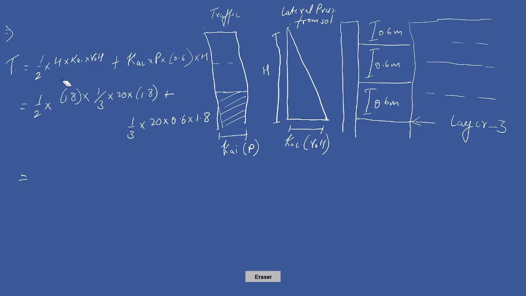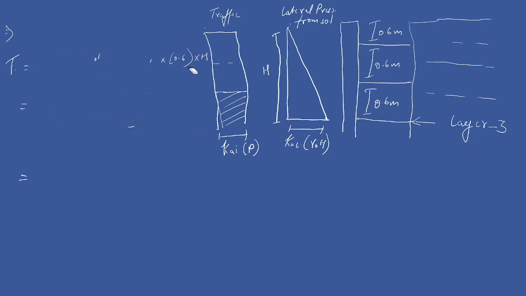Okay, so basically we are calculating at the layer 3 here, not at the tensile reinforcement. So what we need to do, sigma H we need to calculate. So this is Ki times P coming from the traffic loading.